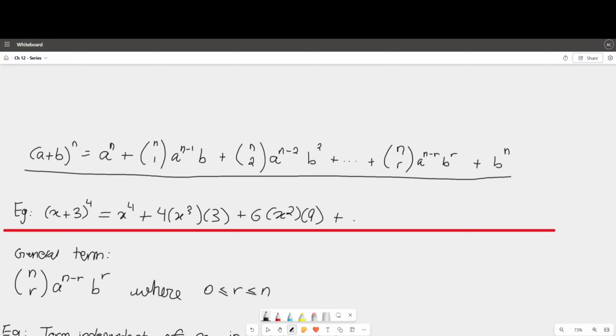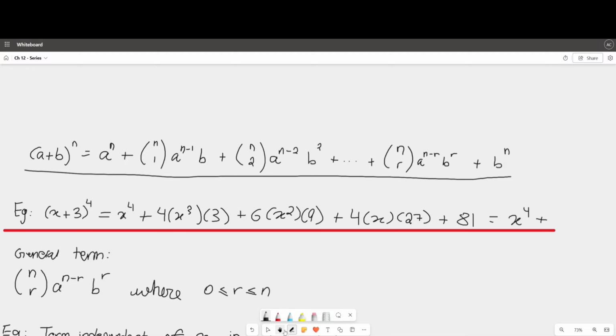Then 4C3 will come back down to 4. Then 3 cubed, which is 27. And then the last term, which is just 3 to the power 4, which is 27 times 3, 81. Okay, and then obviously you can just simplify this.